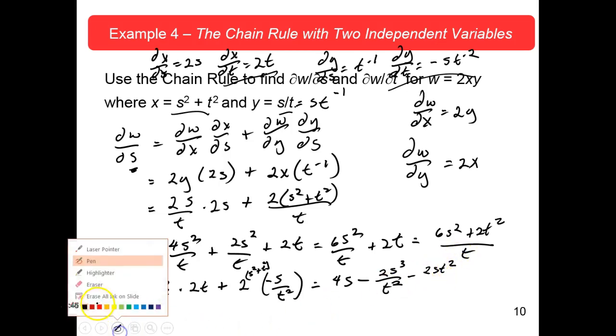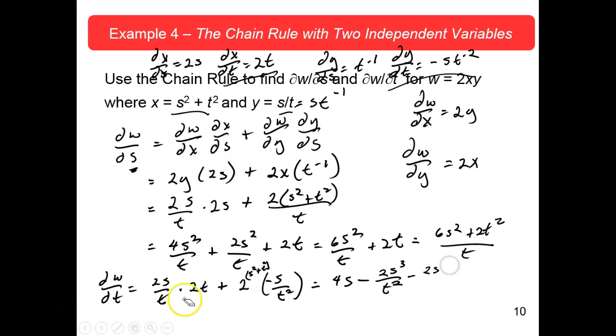No, just minus 2s, because it's t squared over t squared. Now, this becomes 4s minus 2s is 2s, minus 2s cubed over t squared, which would be 2st squared minus 2s cubed over t squared. Okay, which you'll see, this is dw dt from before too. 2st squared minus 2s cubed over t squared.